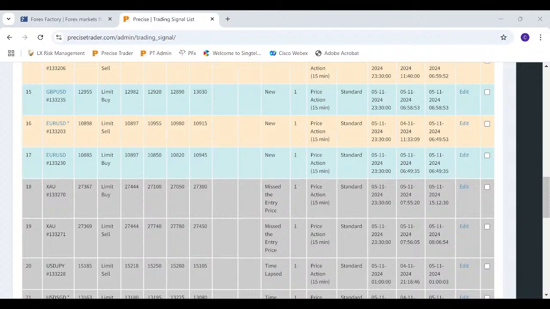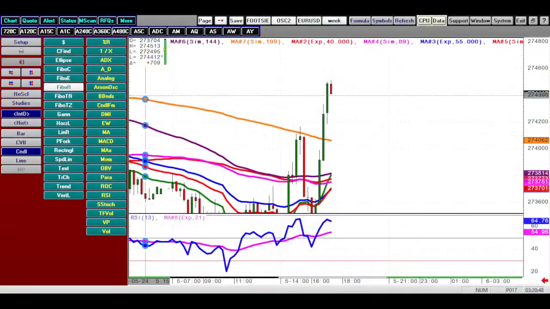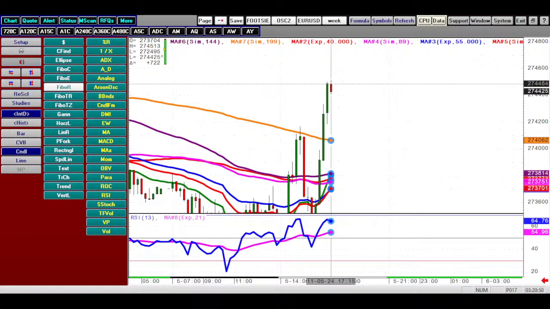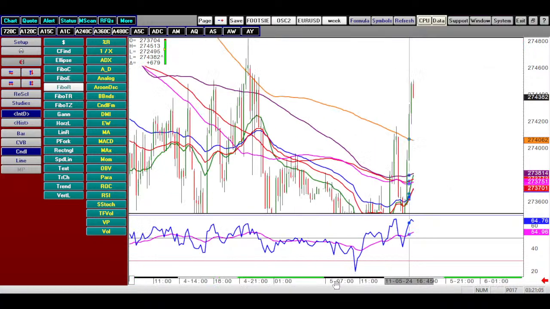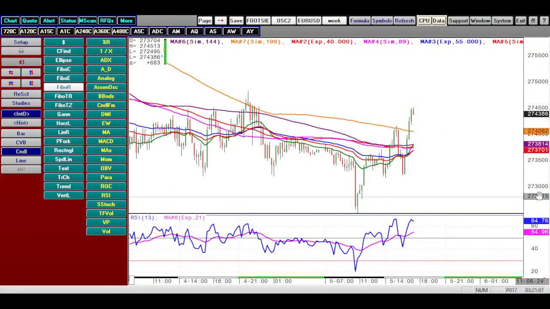So we can see another weakness. Right now this 15 minute candle is showing some weakness. So hopefully we should see the weakness for another 10 minutes, so most likely our order should get filled.